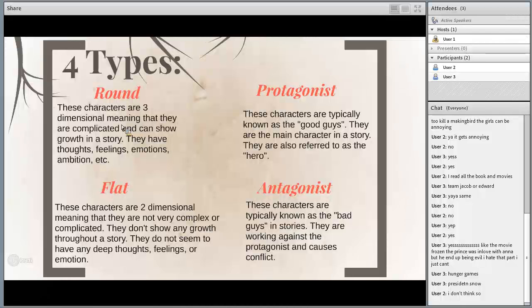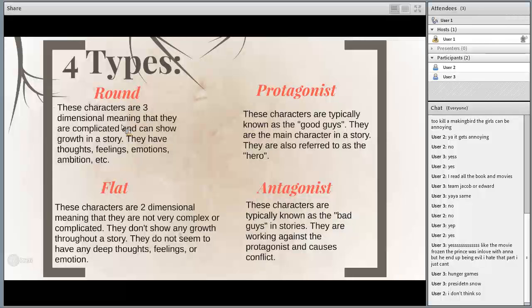And with the round characters, you see growth in the story. So when you read the book, they may be really mean and horrible, and then when you finish it, they've changed somehow, usually for the better.